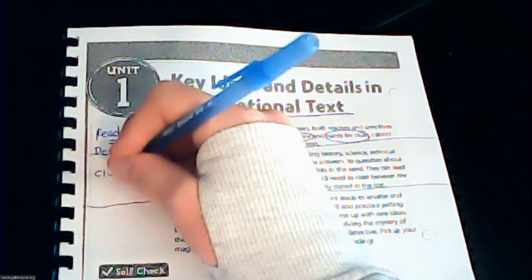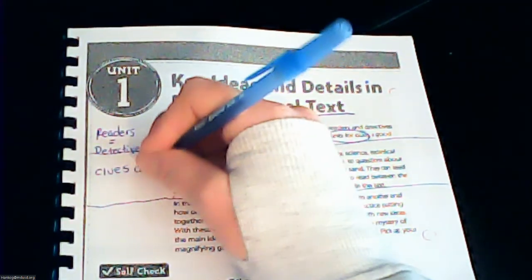That seems to tell me that readers sometimes have obvious clues and sometimes they have to really search for clues, right? So I'm going to say clues can be obvious or I'll say hidden.